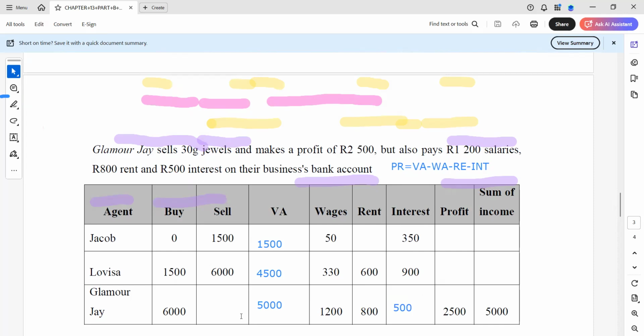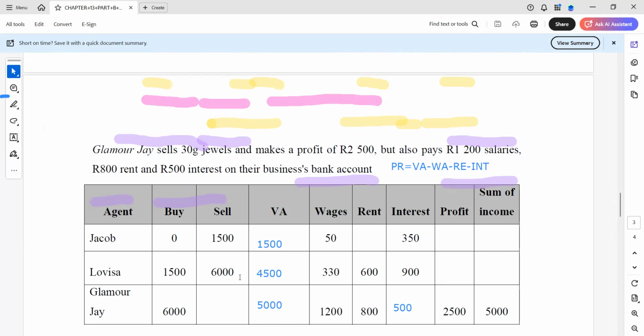I'm getting 5,000. So if you say 5,000 minus this, minus this, minus this, you need to get the profit. If you get it, then our value added is correct. So now to get the value of sale, if you were to get your value added, you would have said this amount minus this one. So to go back, you're going to add, right?